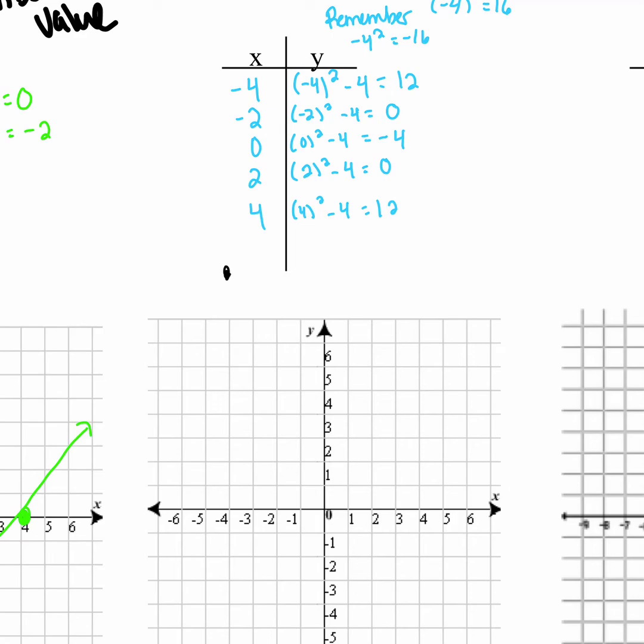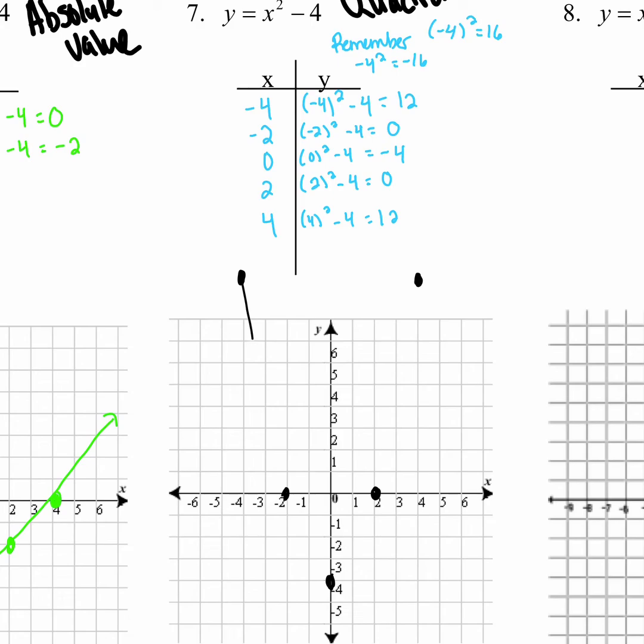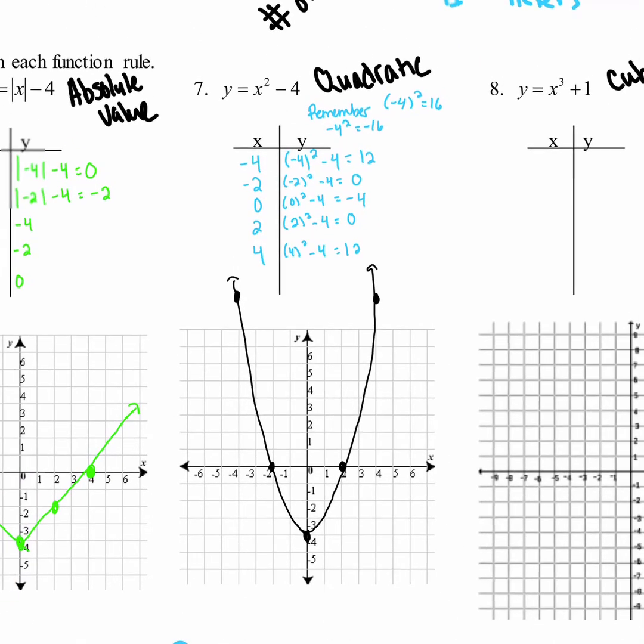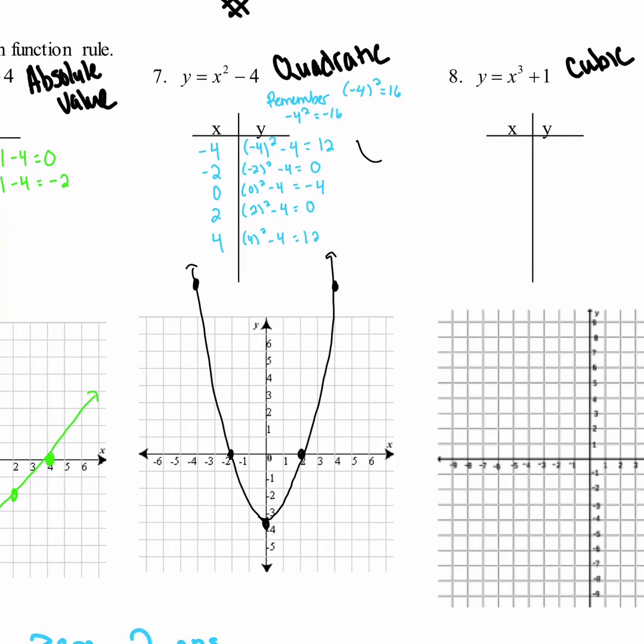It's just going to be somewhere up here. -2, 0 is right here. 0, -4, 2, 0, and then 4, 12. Okay, so the shape of this graph is actually a U. It's called a parabola. So you want to be careful you don't make it into a V. It's actually a U. And again, they can be U's or they can be upside down U's.